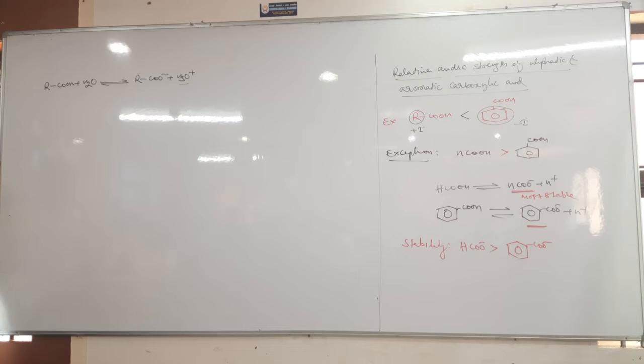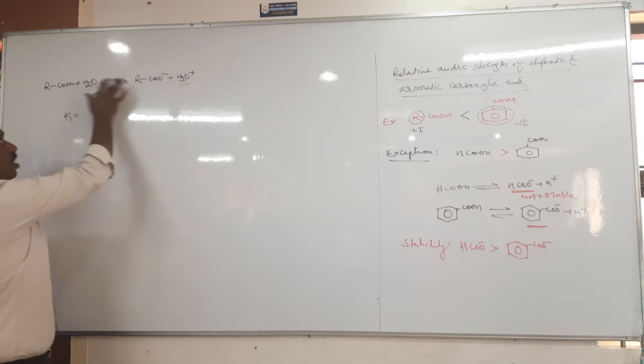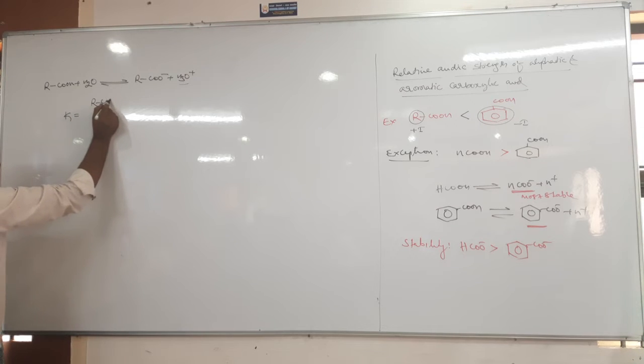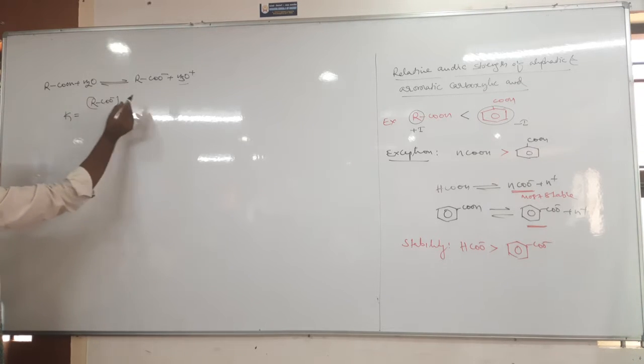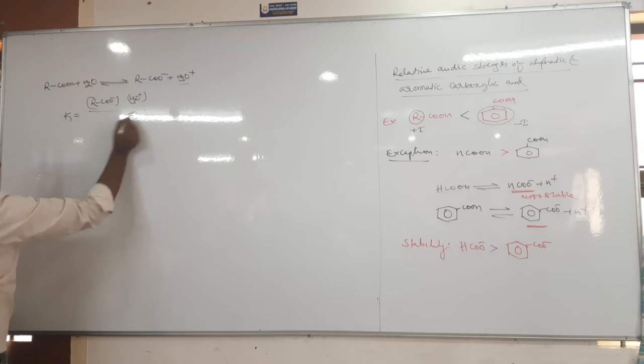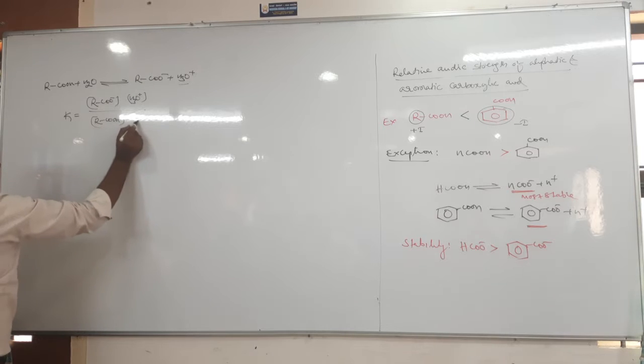Then by applying the law of mass action, you can write the K, like Kc or Kp, the molar concentrations of product divided by the molar concentrations of reactant. What are the molar concentrations of product? RCOO minus concentration and H3O plus ion concentration, divided by RCOOH concentration and water concentration.